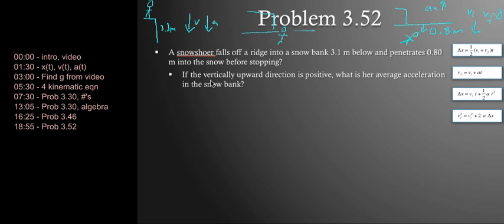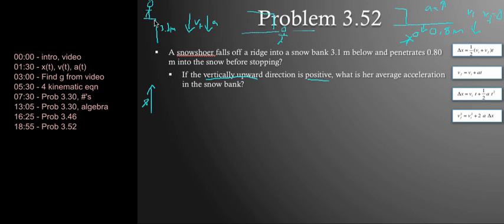So in order to work through this with the mathematics, now we have to define a coordinate system. In many previous problems, we've been pretty lazy about defining that coordinate system, but in this one, it's actually very important that we do. Here we're told that vertically upward is positive, so we're going to draw this as our positive x direction. And so now a is negative, since it's pointing in the opposite direction. v is negative, this v final that she ends up with.